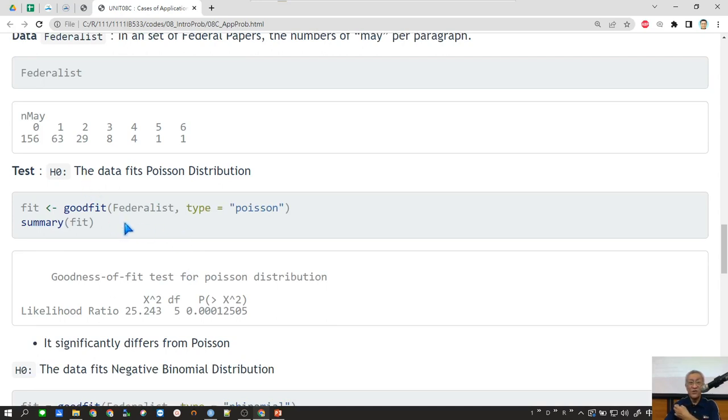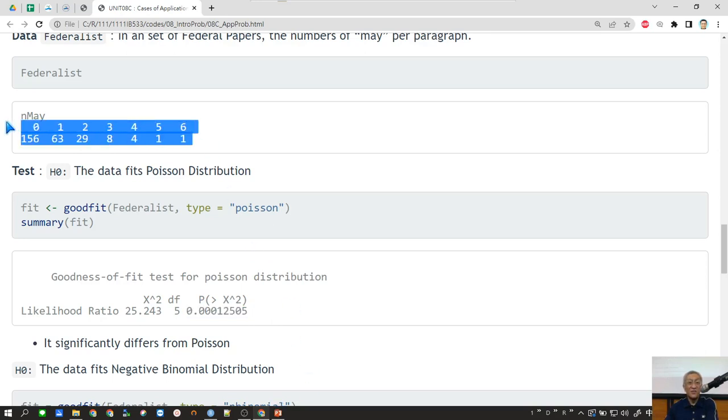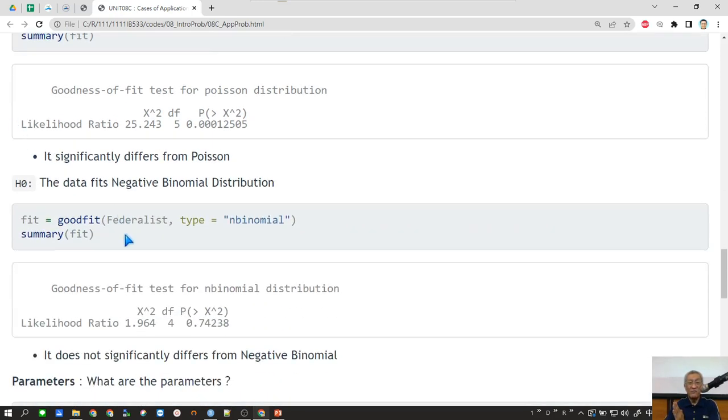So first of all, we fit it into Poisson. But the p-value is very small, which means that this event distribution is significantly different from Poisson. So you can try some other type of discrete distribution, for example, negative binomial.